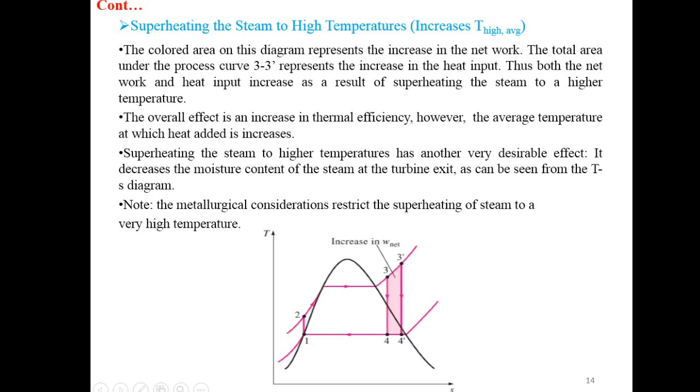The metallurgy consideration restricts the superheating of steam to a very high temperature. So there is also a limit for point 3 dash. You cannot go beyond this point. So again I am repeating, don't worry about the points.